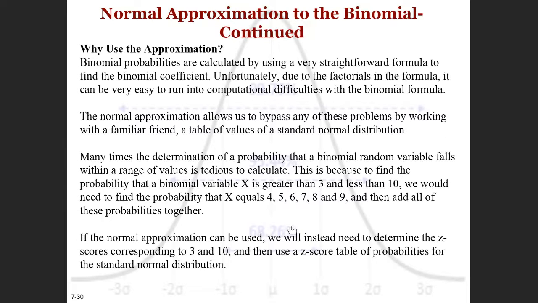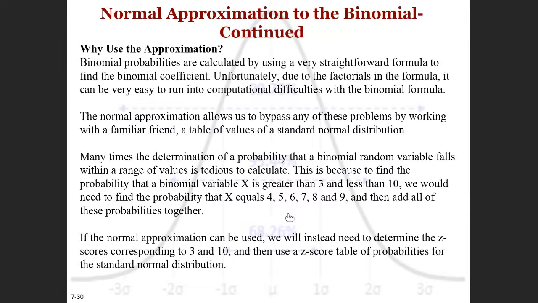So many times, the determination of a probability that a binomial random variable falls within a range of values is tedious to calculate. This is because to find the probability that a binomial variable x is greater than 3 and less than 10, you would need to find the probability that x equals 4, 5, 7, 8, and 9, and then add all of these probabilities together.